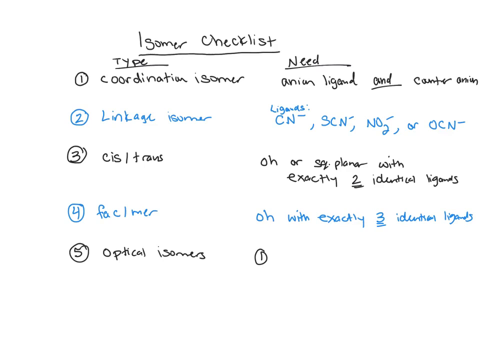And these were also covered in the lecture videos. This is just a quick summary for you to use as you work on the workshop problems and your homework and study for exams. So we can have optical isomers if we have Td, a tetrahedral structure, and 4 different ligands.